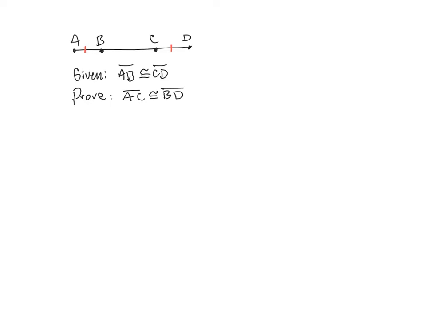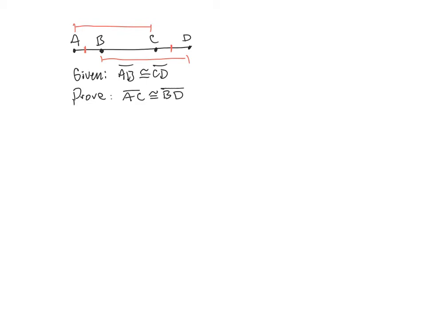Then I'm trying to prove that from A to C is the same as B to D. So you might be able to just go, well, if the 2 little parts are the same and they both share that BC part, then yeah, they're going to be congruent. I mean, you can kind of visually see that sometimes, but we got to figure out how in the world do I write that down.